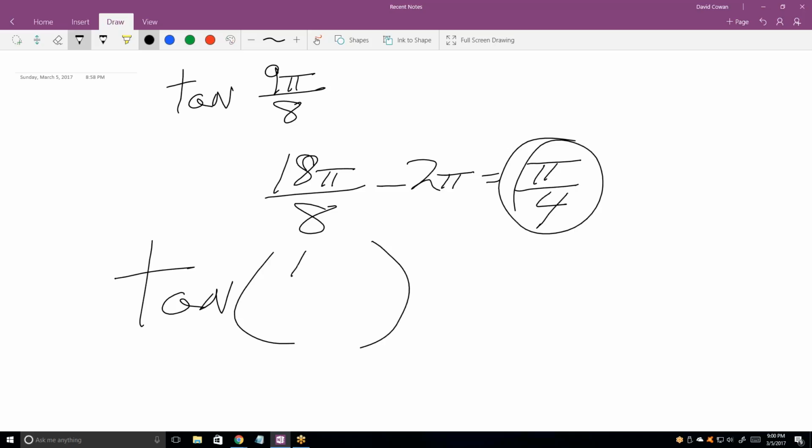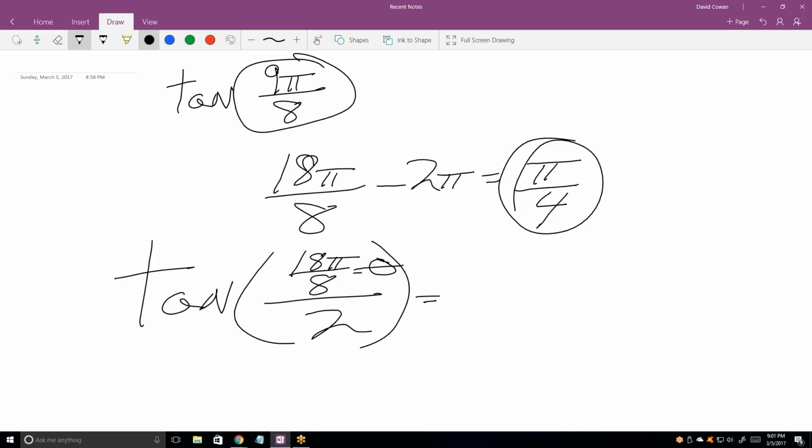Here's the way I'm going to write it: 18 pi over 8, because I know that one, divided by 2. What you're trying to write in the argument is 9 pi over 8, only as an angle that's divided by 2. So 18 pi over 8 is theta.